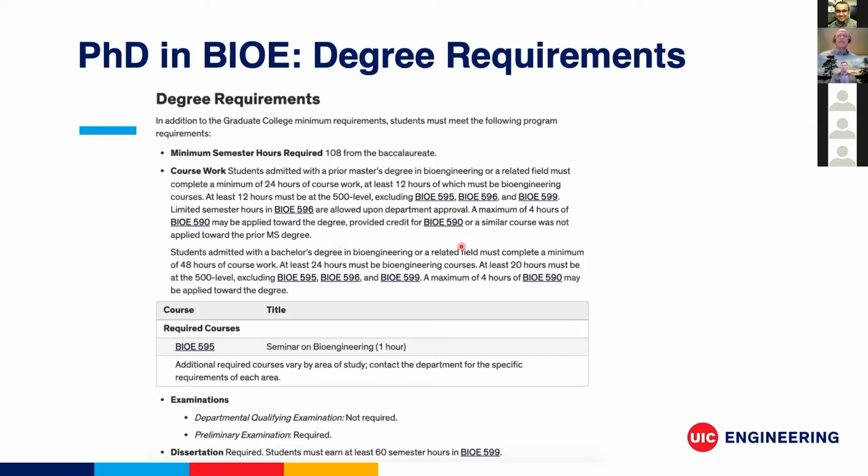A certain number must be 500 level. And then you also need to take seminar 595. There are a few other courses that we strongly encourage our students to take, statistical and quantitative courses that I won't go into here. And then the other 60 hours are your thesis research.